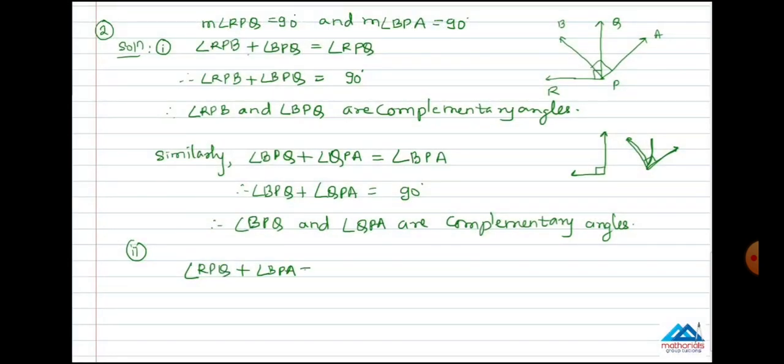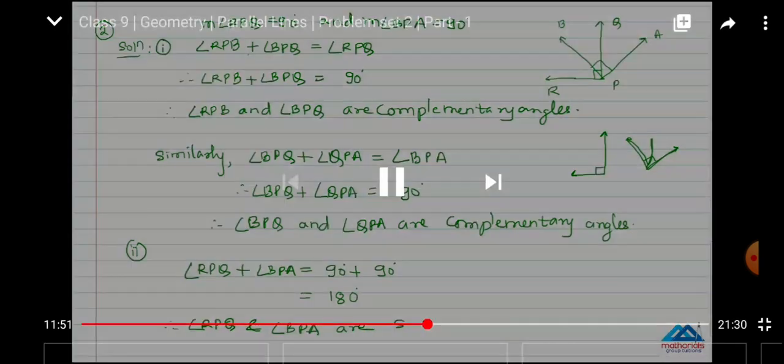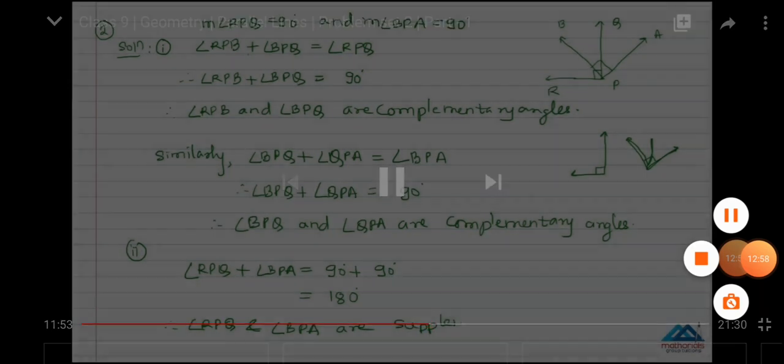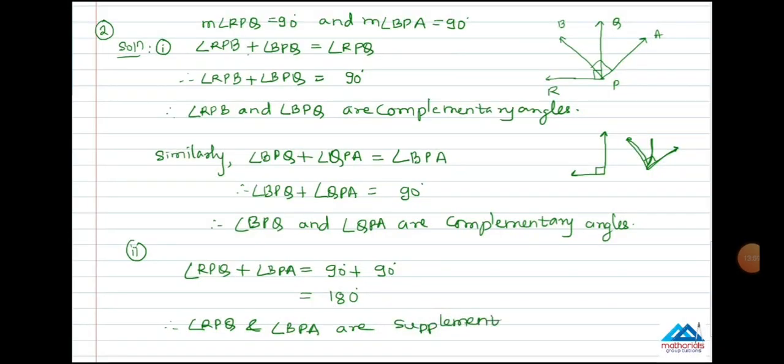So here two angles are there, RPQ plus BPA. The value of RPQ is 90 degrees plus the value of BPA is also 90 degrees, 90 plus 90 is 180 degrees. So here we get the pair of supplementary angles, RPQ and BPA. RPQ and BPA are supplementary angles. Supplementary means the sum of the two angles is 180 degrees.